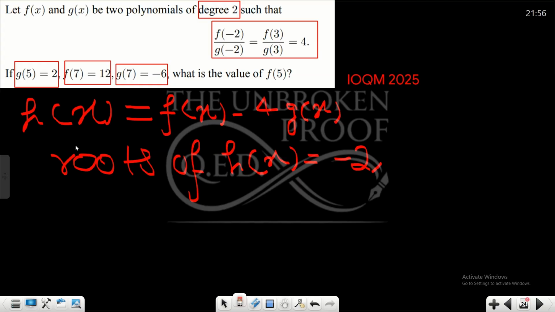So this implies that h of x roots are minus 2 and 3.